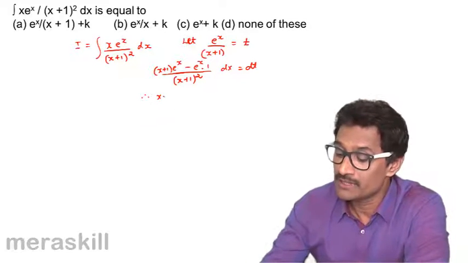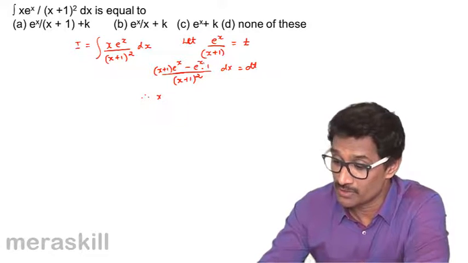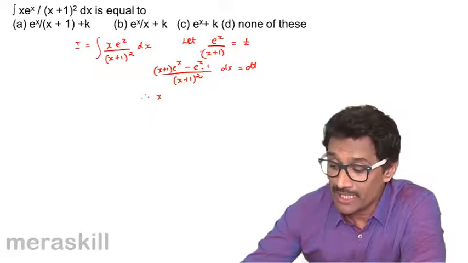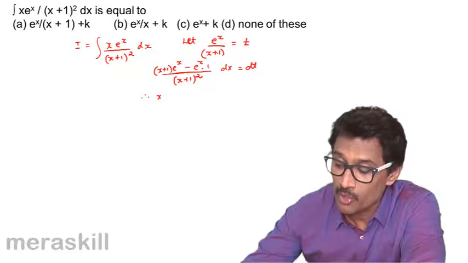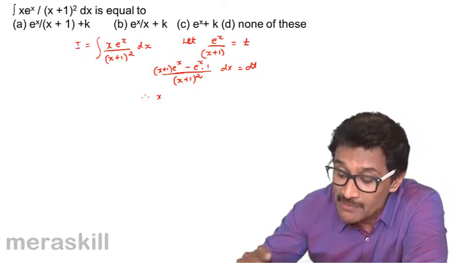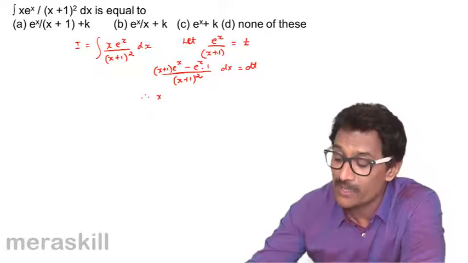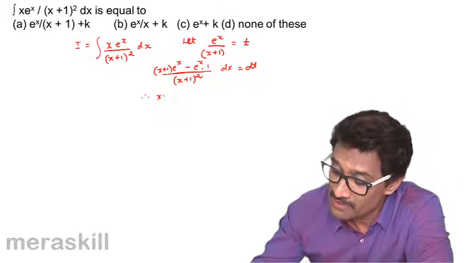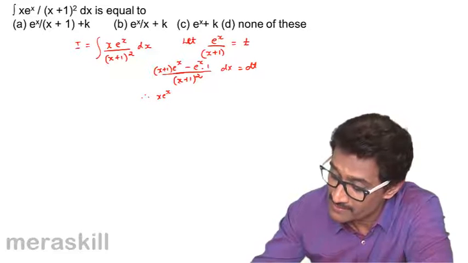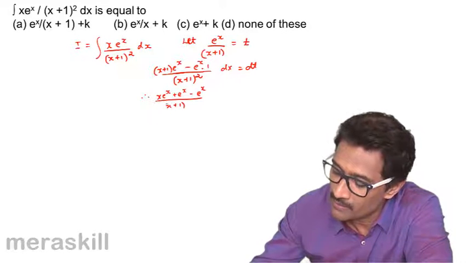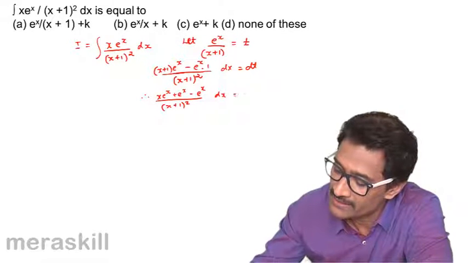Now therefore this eventually becomes x. What we have done here is use your own gumption. We need x plus 1 the whole square, and there is a division. We know that once you have g of x upon f of x, the denominator has 1 degree more. So since we have x plus 1 the whole square, we can take e raised to x upon x plus 1 as t. So eventually this becomes x e raised to x plus e raised to x minus e raised to x upon x plus 1 the whole square into dx is equal to dt.